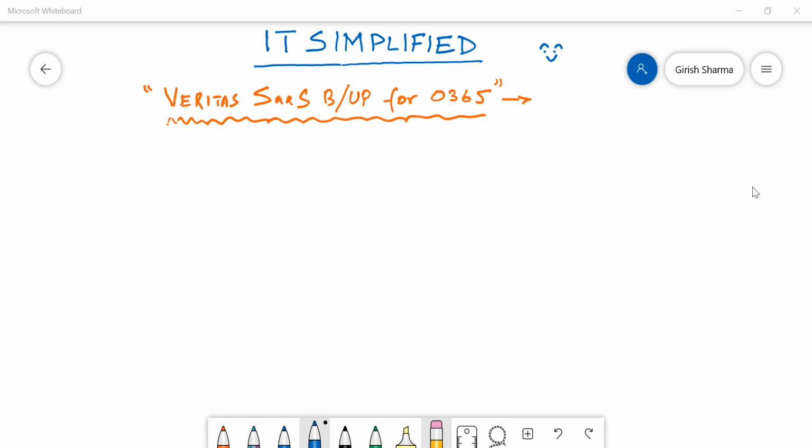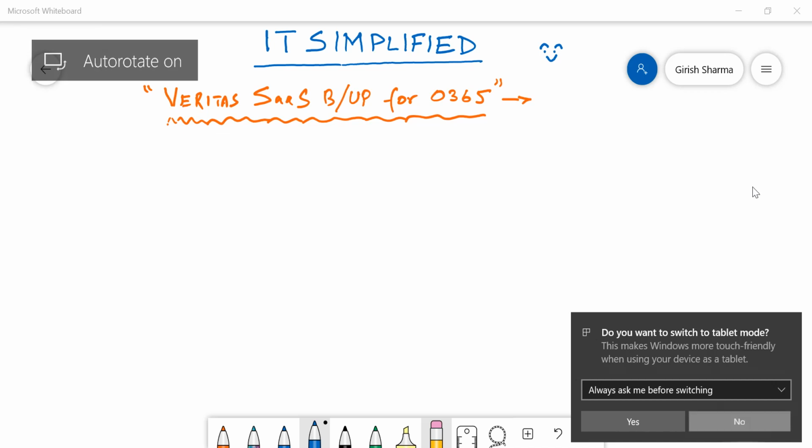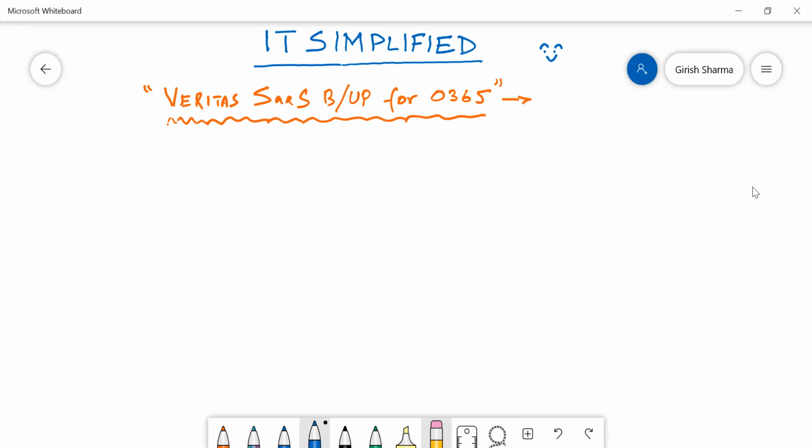In today's session, I'm here to talk about Veritas SaaS, also called Software as a Service Backup for Office 365, why you should use it and what are the benefits. But before I get into that, let's start from the basics of what Office 365 is, because what we see is that a lot of customers are moving towards these SaaS applications and utilizing them in the environment.